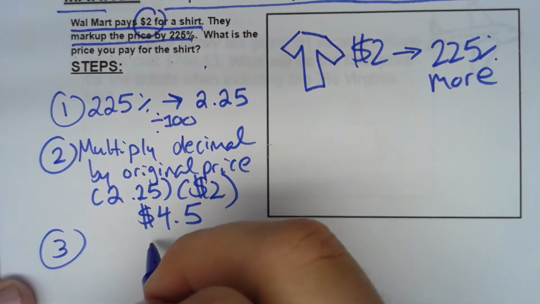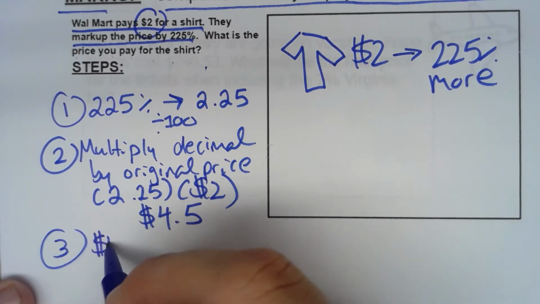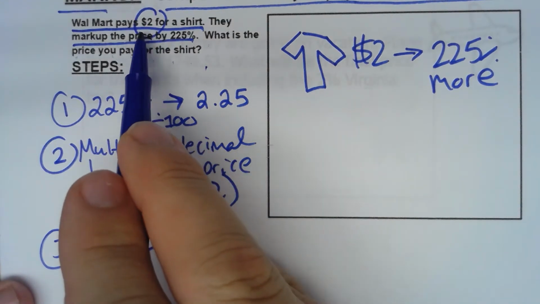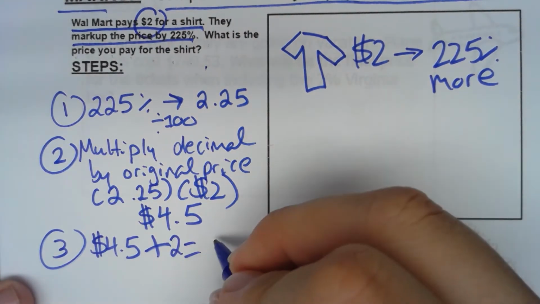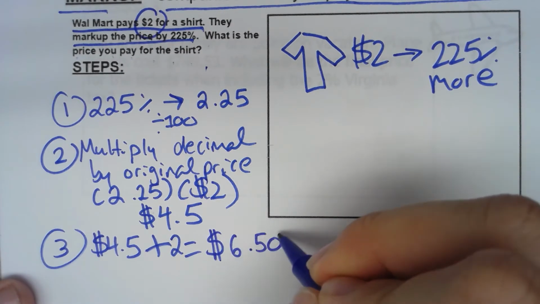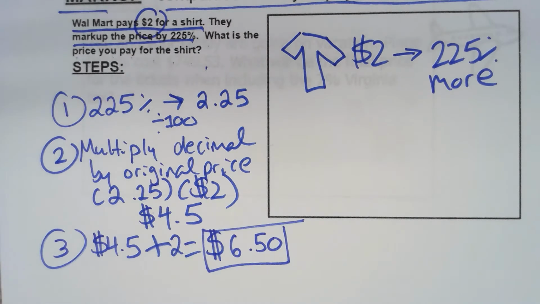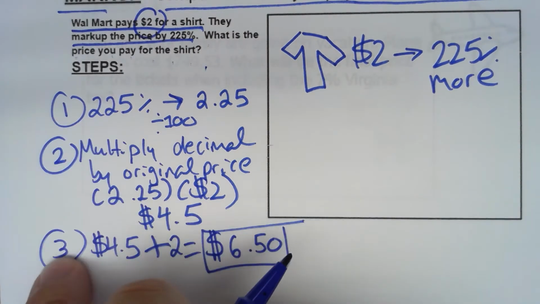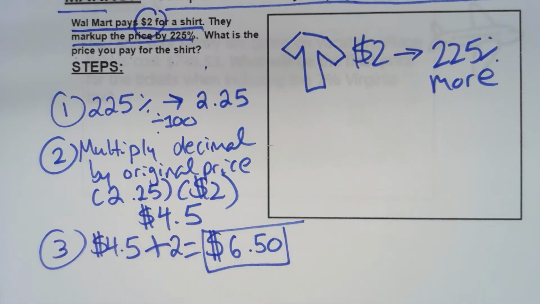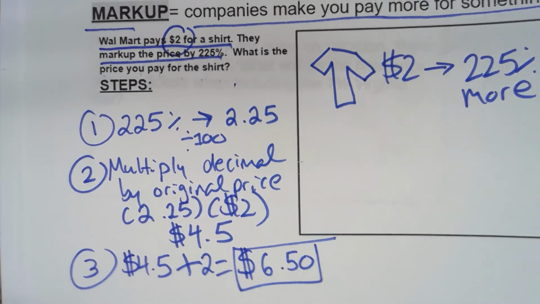So, I need to do $4.50 plus the original price of $2. So how much am I going to pay for this t-shirt? $6.50. Easy, right? The first two steps are always the same. And then step 3, you just have to decide if it's adding or subtracting.